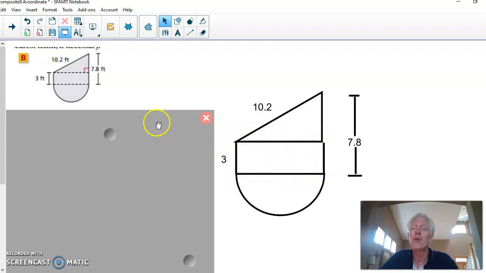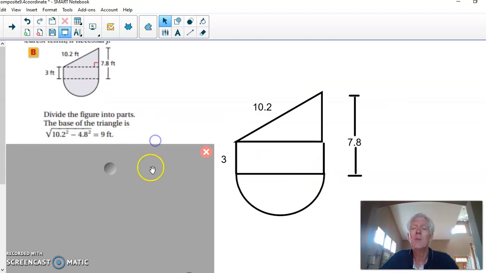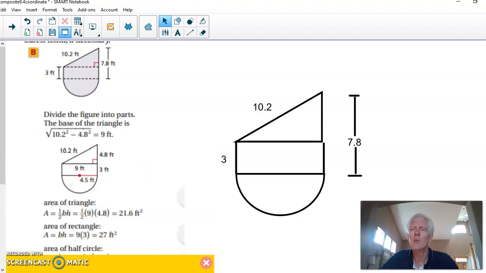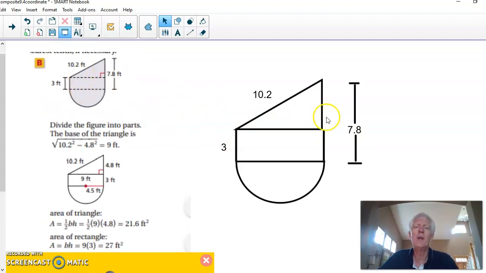And so the strategies there are to find the triangle, the rectangle, and the circle. When you go through that, this ends up being 9. When you do the Pythagorean theorem, right angle, 10.2 squared minus the difference here, I think it's 4.8 squared, you will get 9 for there, and that sets the whole thing up. So that's how that is going to work. That's an example of a little bit more complex.